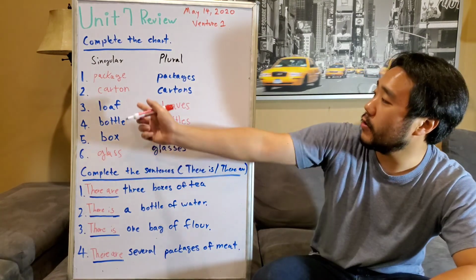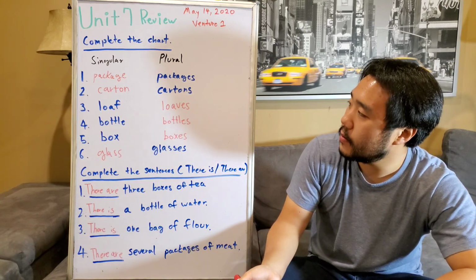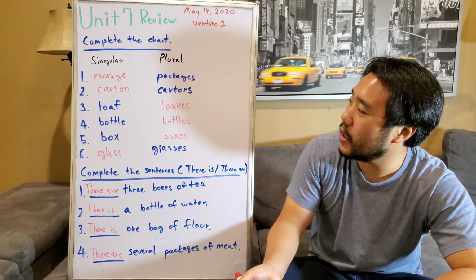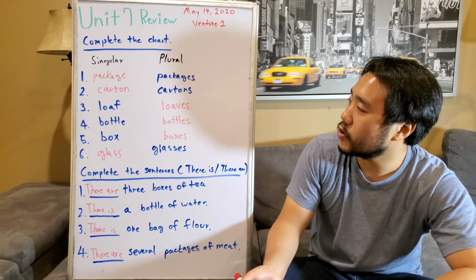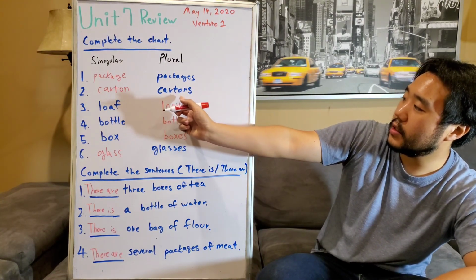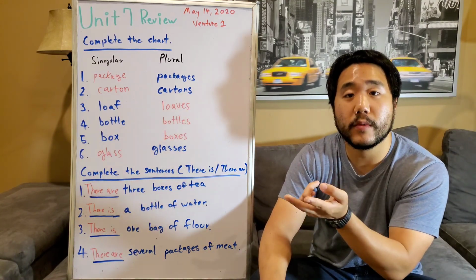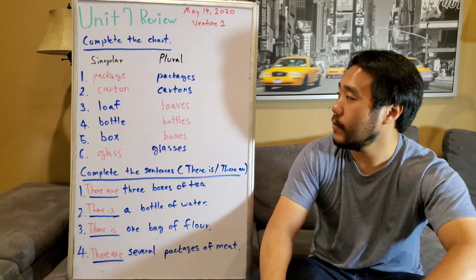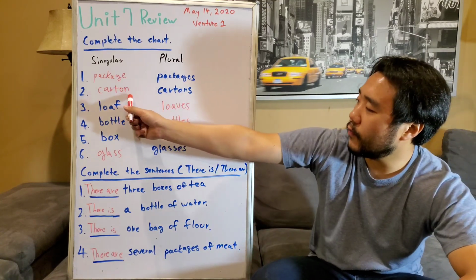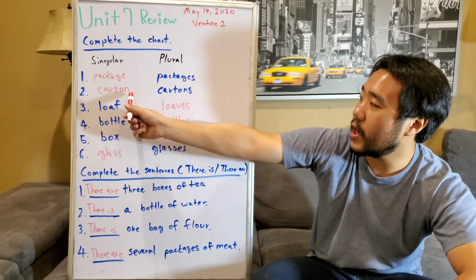And in a singular form, it would be a package, so no S. Package. Number 2, we have plural form, cartons, and we use it for cartons of milk. So 2 cartons of milk, a carton of juice, right? A singular form is carton, C-A-R-T-O-N, carton, without the letter S.